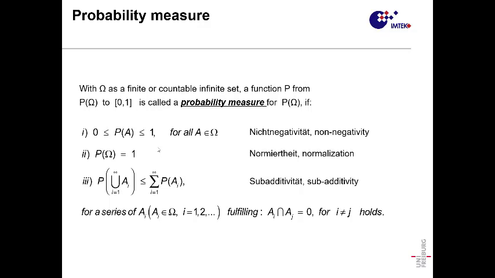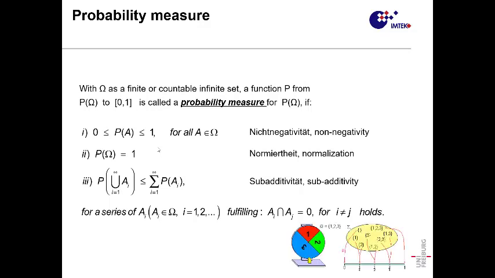We're not going to continue distinguishing between probability function and probability measure, but these are the two main definitions of probability that you will find. One is regarding each element, the probability of each element to happen, which is the probability function. The probability of a subset to happen is the probability measure.